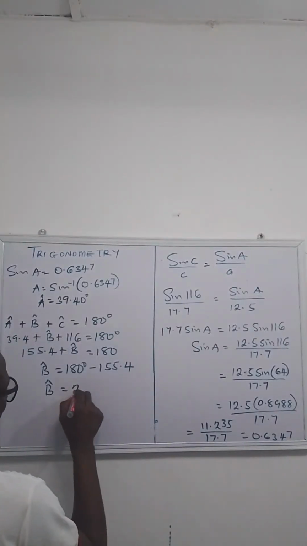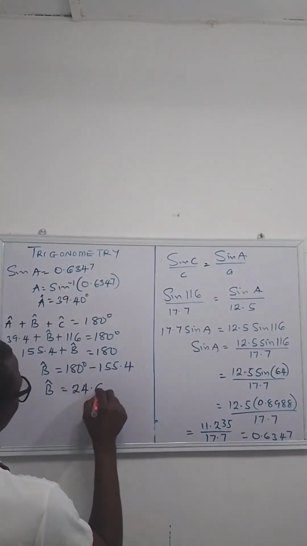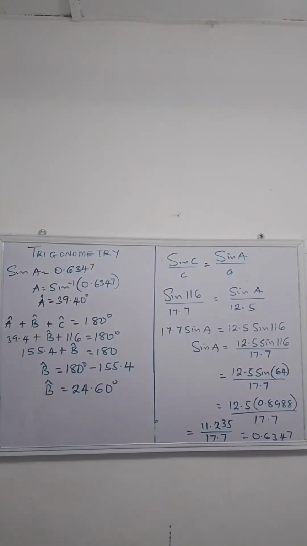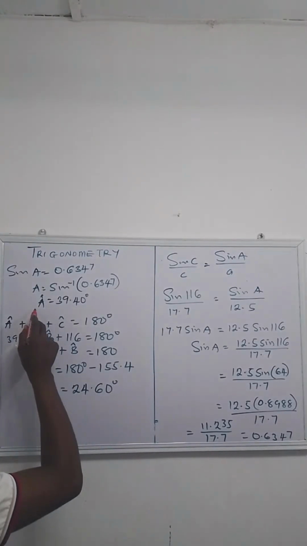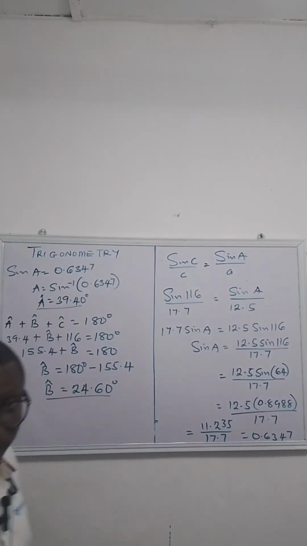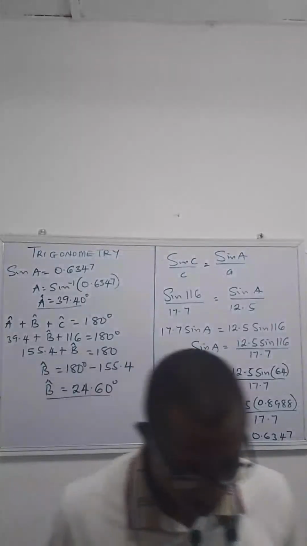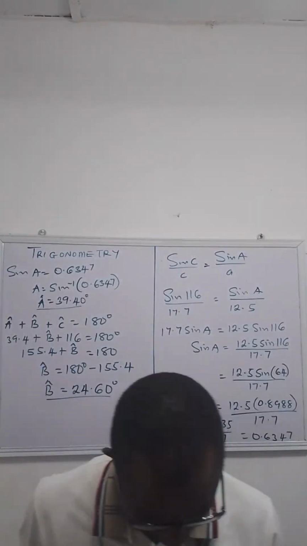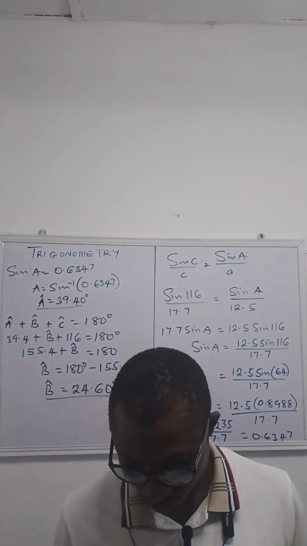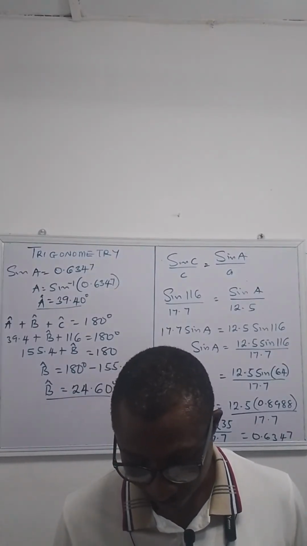That's the correct answer. 24.60. So this is the answer. So now we have gotten angle A and angle B. All right, so now let's move down to another wonderful question. Let's see how we solve this type of problem.